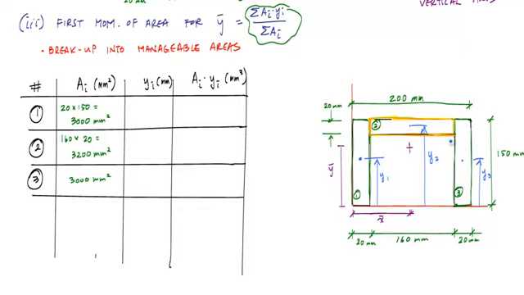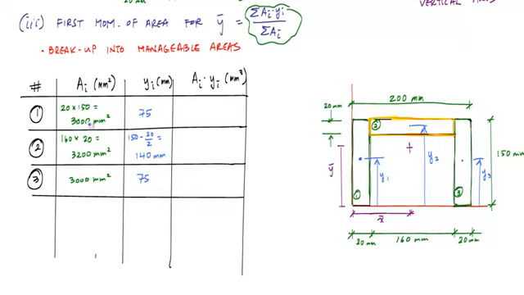That's pretty simple. y1 is just half of 150, that's 75 millimeters, and y3 is also 75 millimeters. The centroid of area 2 from the reference is, let's see, this is 150, this is 20 millimeters, so 150 minus 20 divided by 2, and that will give me 140 millimeters.